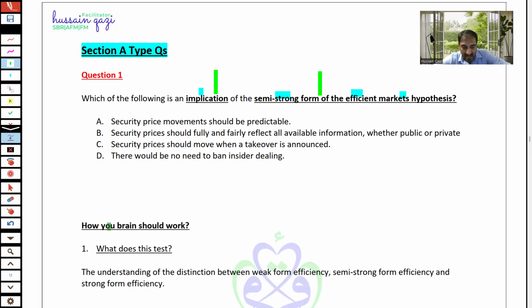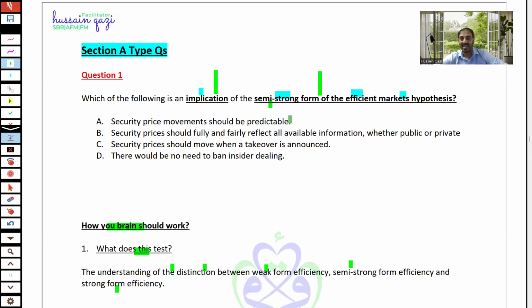First, how your brain should work: this tests the understanding of the distinction between weak, semi-strong and strong, and then you need to identify what relates to semi-strong. First, security price movement should be predictable.